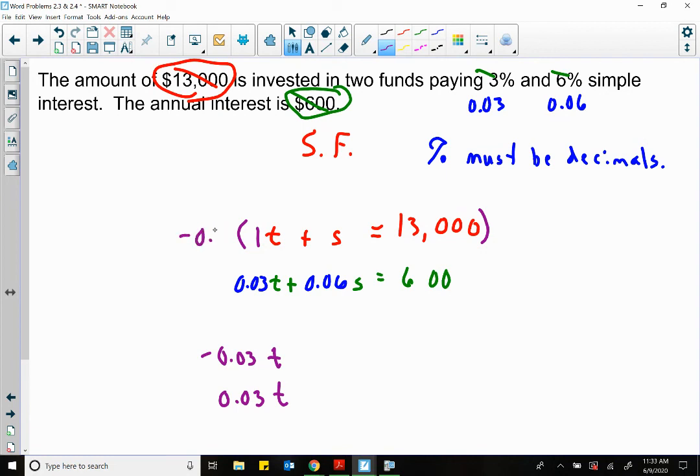A negative 0.03. Okay? So up top, we know that is already happening for T. Negative 0.03 times S is negative 0.03 S equal to 13,000 times negative 0.03, which is negative 390. The bottom equation still stays the same.